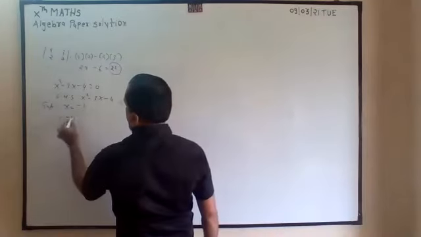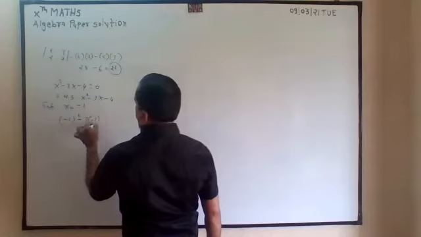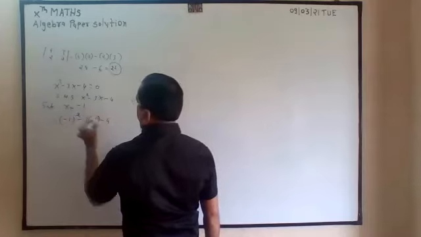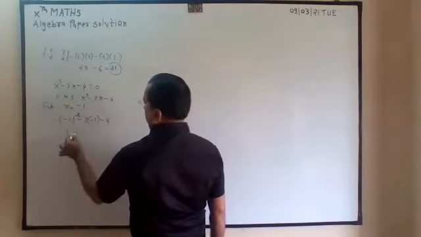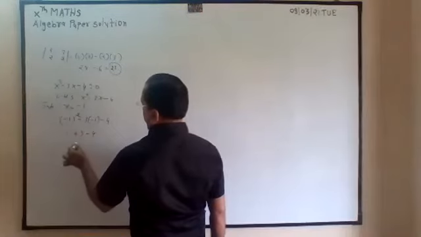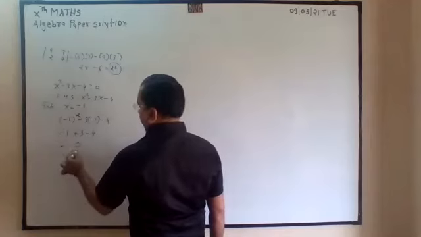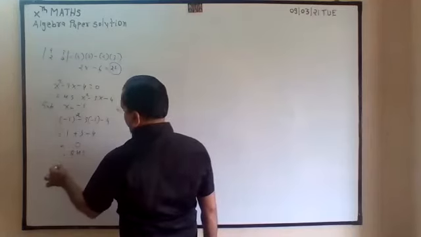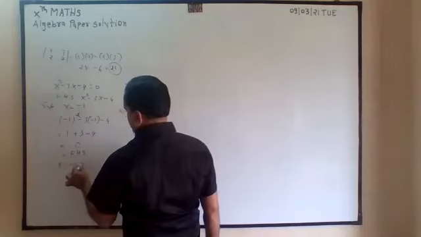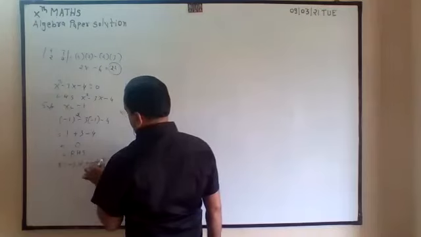So minus 1 square minus 3 into minus 1 minus 4. So 1 plus 3 minus 4, 0. 3 plus 1 is 4, minus 4 is 0, which is equal to the right hand side. Therefore x is equal to minus 1 is a root of the equation.